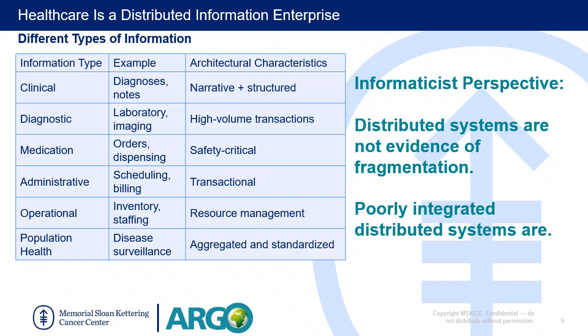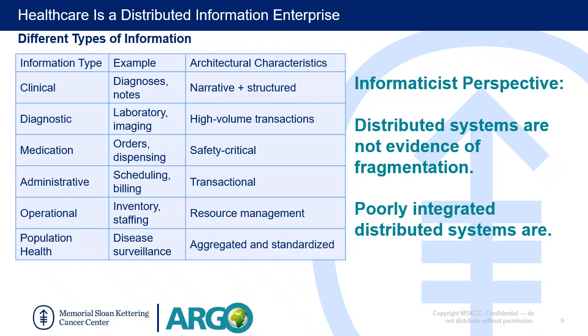The real challenge, and your role when you're architecting an information system, comes when these systems fail to communicate effectively. As the informaticist, it is your role to evaluate whether the architecture enables, again, I'm going to say it, timely, secure, and meaningful exchange of information across the enterprise.